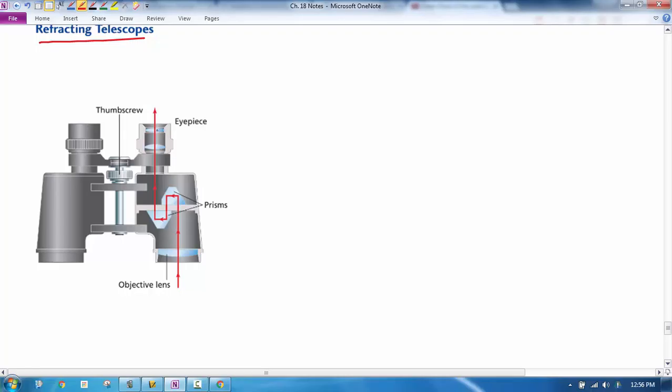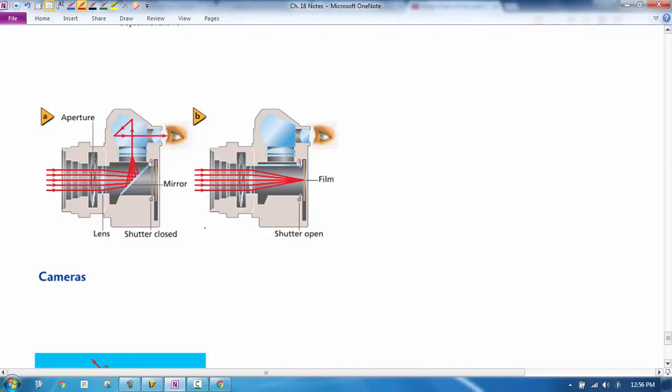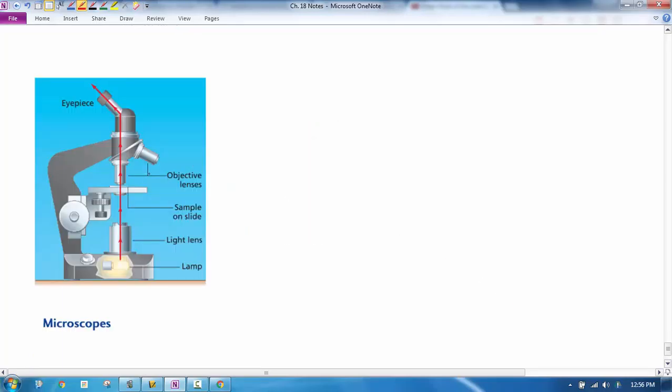And obviously that is going to zoom in the object as well. Obviously cameras have a series of mirrors right here with lenses, and then another lens here. And microscopes are also another application.